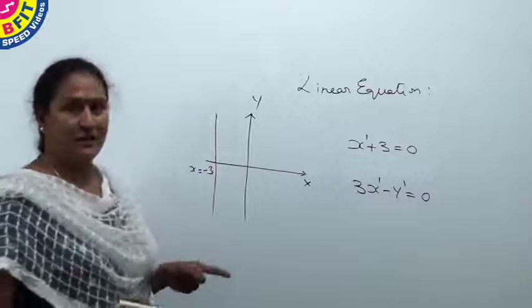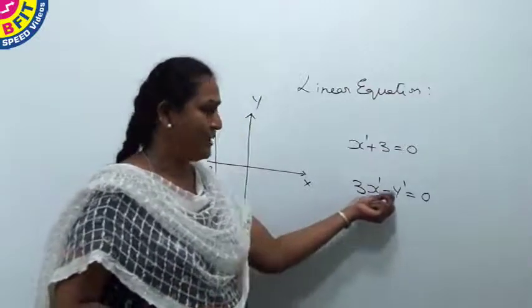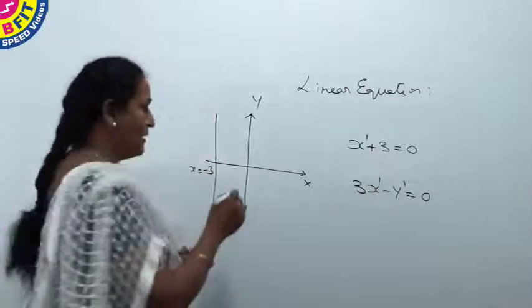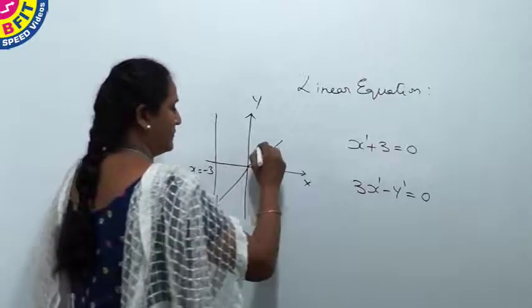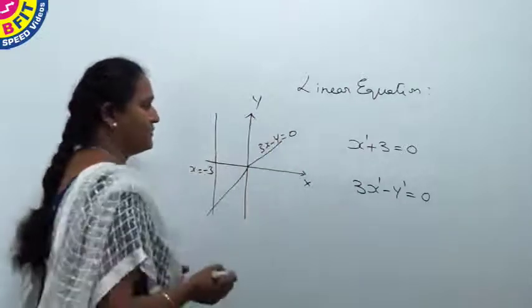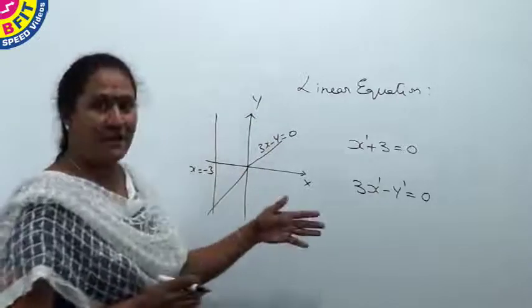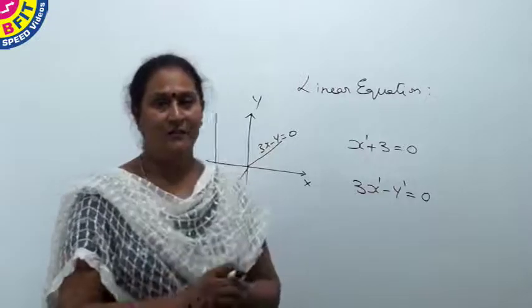It is a straight line. Plotting 3x minus y equal to 0, it passes through the origin. Both give a straight line, so these are termed linear equations.